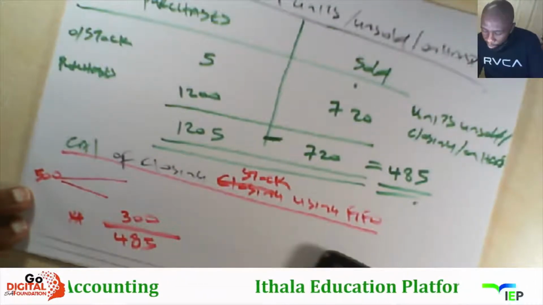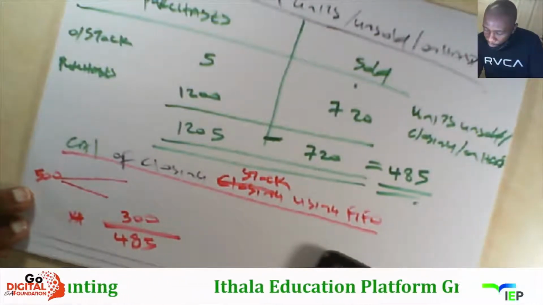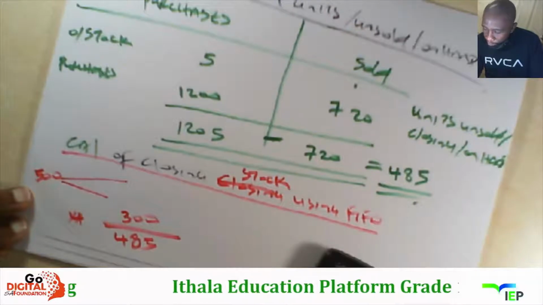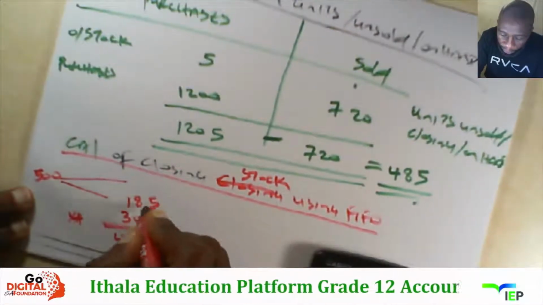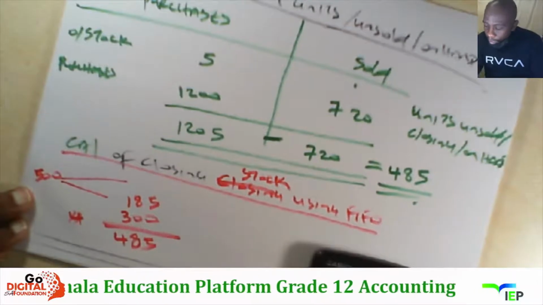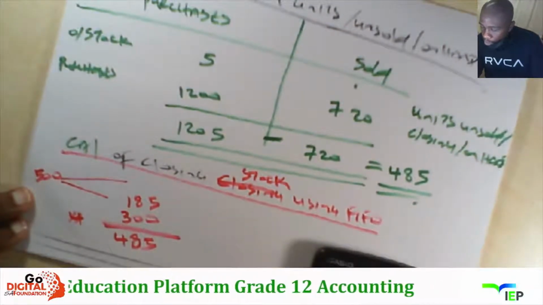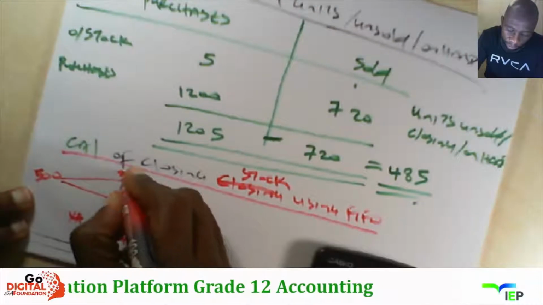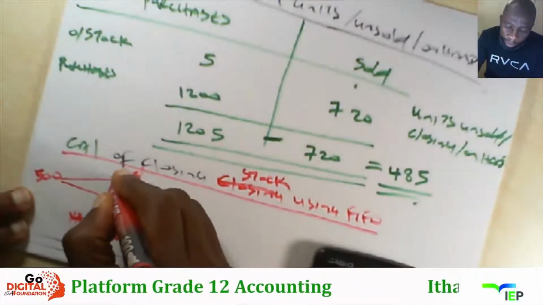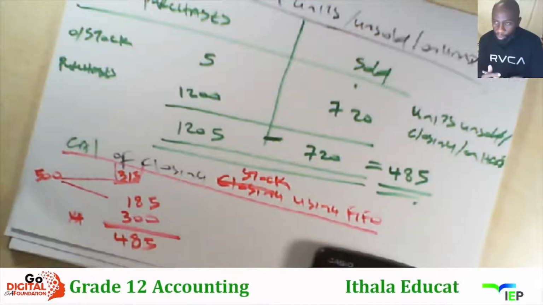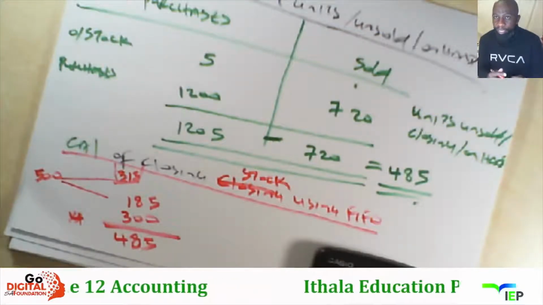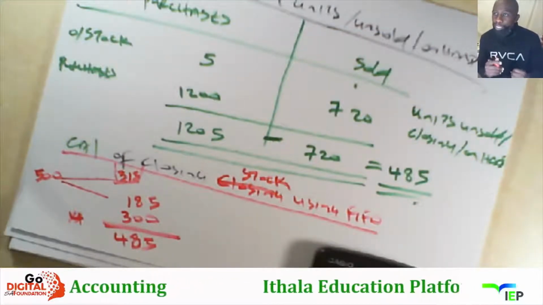So now we are saying 485 minus 300, which means we need 185 from this 500. Then minus 500 leaves 315. So going upwards, it's stock that needs to be sold first. Going downwards from this 500, it's closing stock.